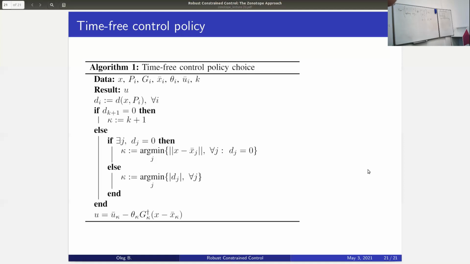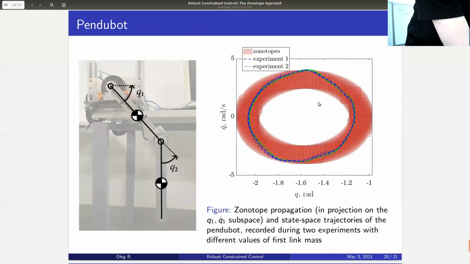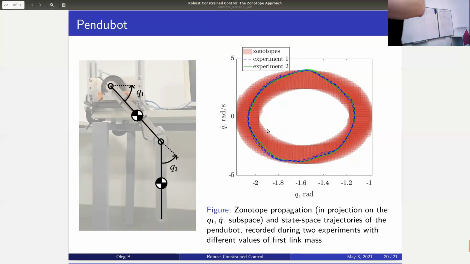When you see the video, when I put my hand in, the bot switches after the collision to this point and continues moving. Without the time-free policy, in this situation, the system falls. But with time-free control, the movement continues. I think that's all.